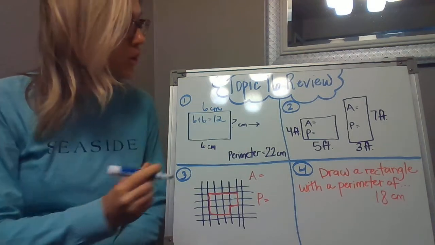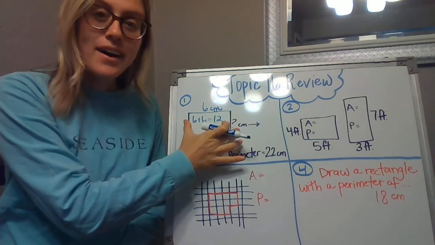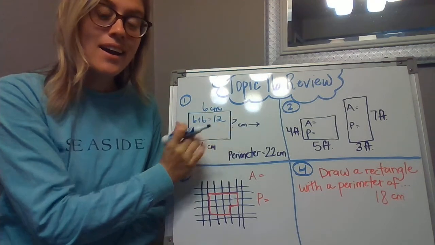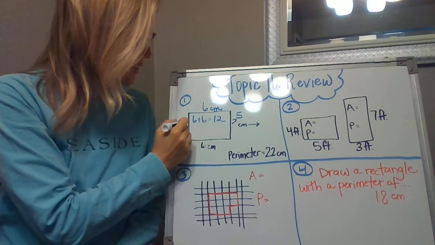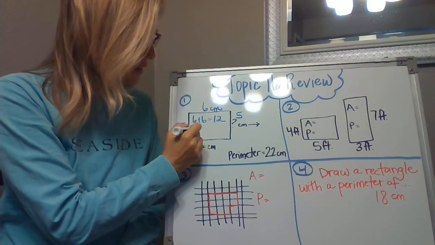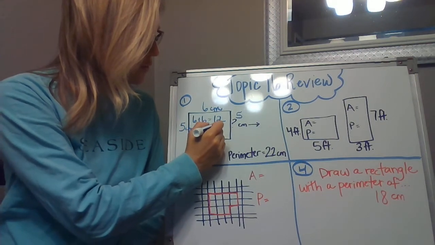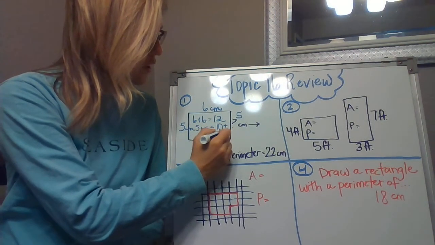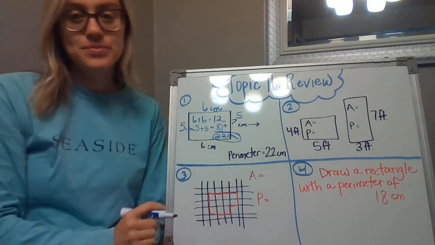I need 10 more. If I put half on this side and half on the other, I know this side should be 5 and this side should be 5. Because 5 plus 5 equals 10, and 12 plus 10 is 22.